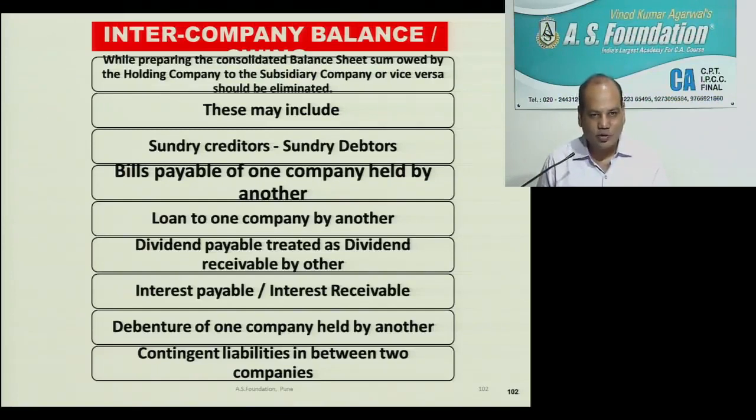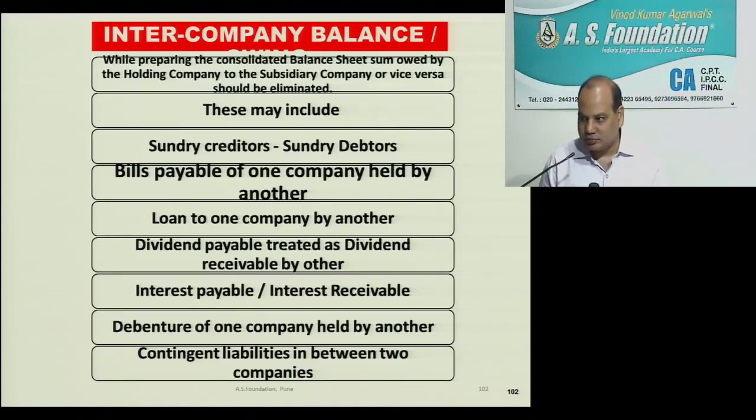Now you are preparing the group balance sheet. So the group balance sheet is as if it is a single enterprise. So what you will do, all intercompany dues will be cancelled. Intercompany balances will be cancelled, so that you don't show yourself as a debtor and yourself as a creditor. So what are the possible intercompany dues items which you may have to eliminate?